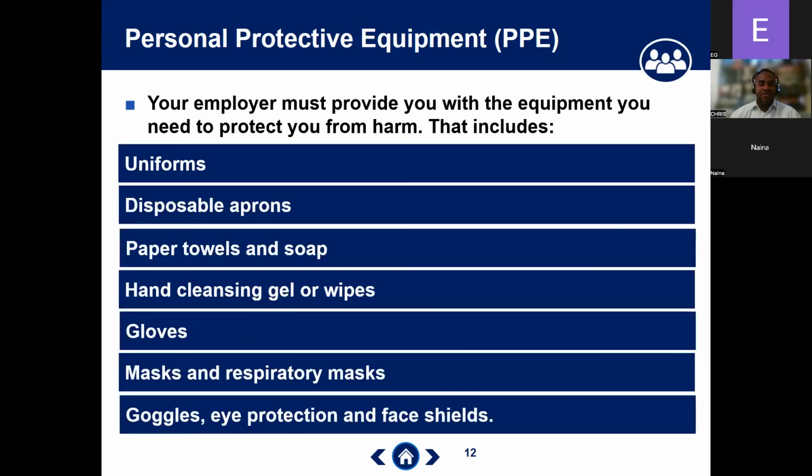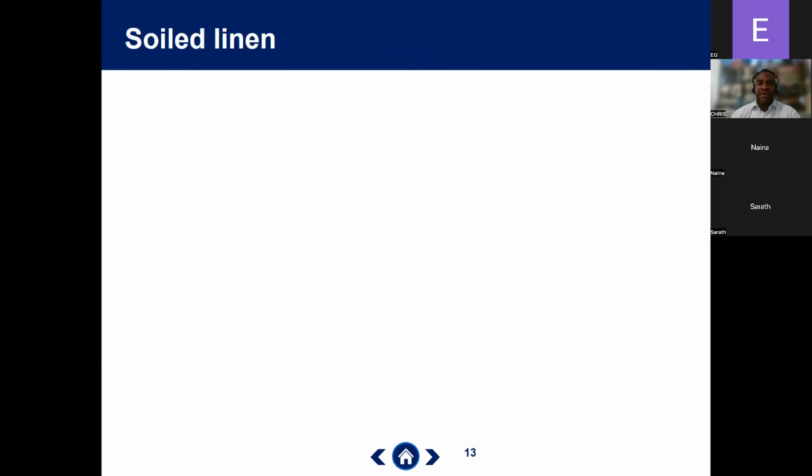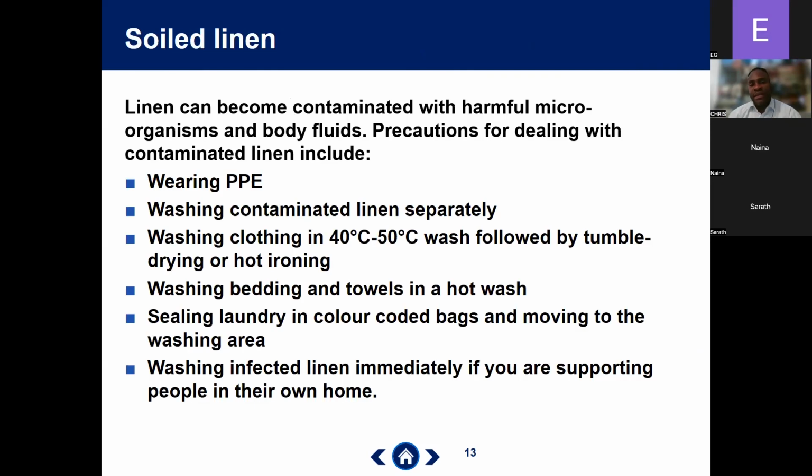The rest have to do with personal protective equipment, uniforms, disposable aprons, paper towels and soap, hand cleansing gel or wipes, then the gloves, masks and respiratory masks, the goggles or the face shields for eye protection, then how to handle soiled linen in relation to laundry.